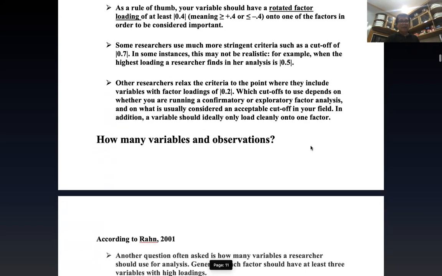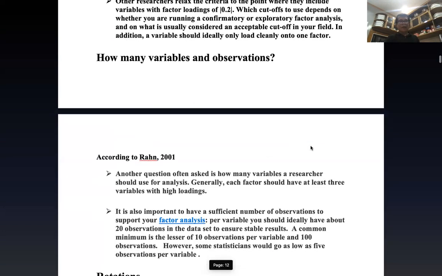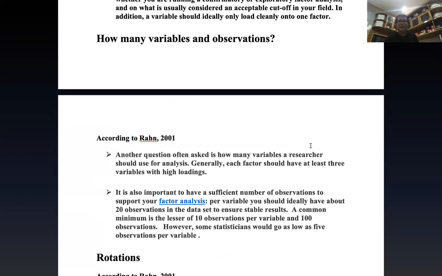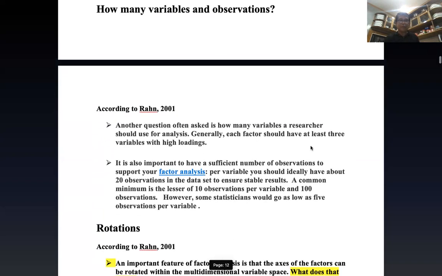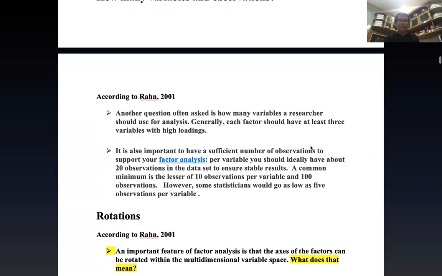How many variables and observations? According to Rahn, 2001, another question often asked is how many variables a researcher should use for analysis. Generally, each factor should have at least 3 variables with high loadings. It is also important to have a sufficient number of observations to support your factor analysis.